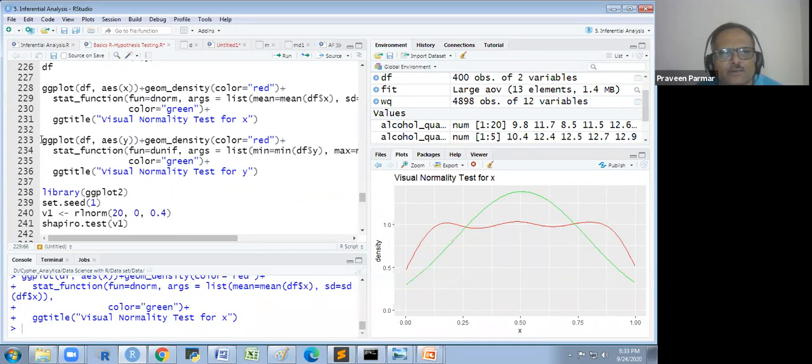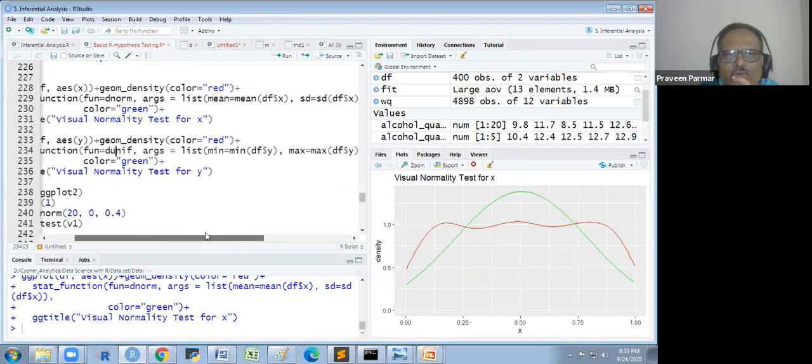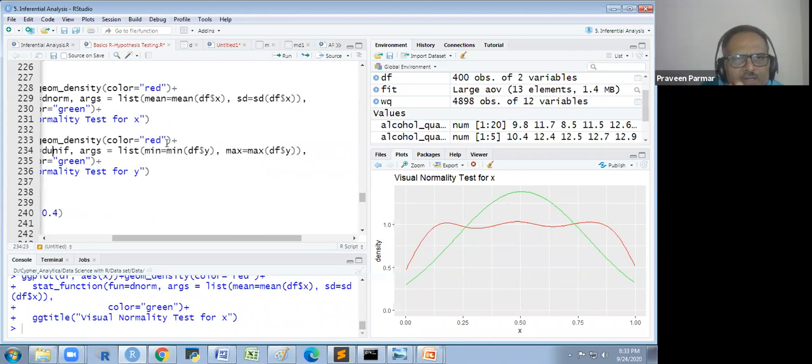And here I am taking some other, for Y. Y is our beta distribution. Here I am comparing this with the stat function like the uniform distribution. Why with beta distribution am I comparing with the density of the uniform distribution? The parameters there are not mean and SD, the parameters are minimum and maximum.